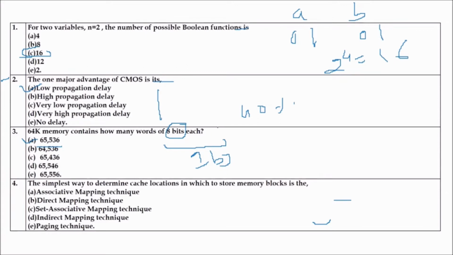The largest possible segment will have 256 pages, for a total of 256 into 256. That will be 64K words. So the answer is actually 256 into 256 is 65536, which means you have 64K words, right?